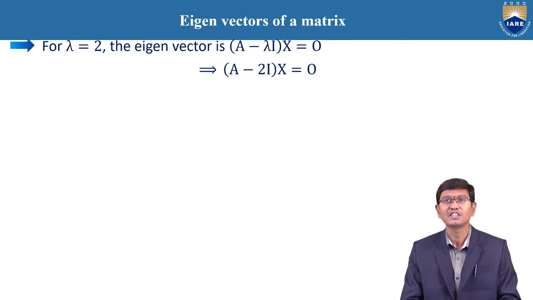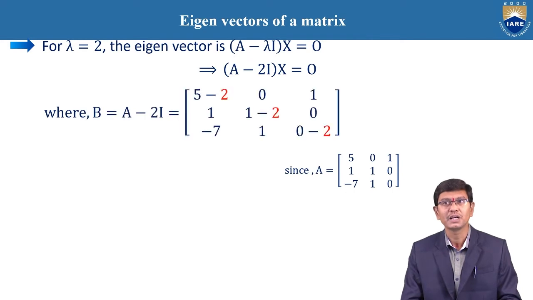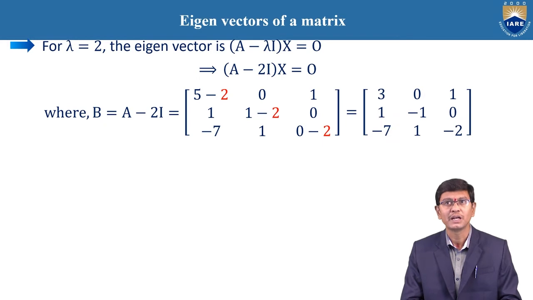For lambda is equal to 2, the eigenvectors satisfy the equation (A minus lambda I) x is equal to 0, where x is a non-zero vector. Replacing lambda with 2, that is (A minus 2I) x is equal to 0. Here A is equal to 5, 0, 1, 1, 1, 0, minus 7, 1, 2, minus 2.